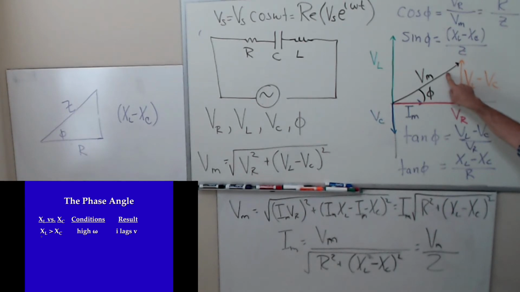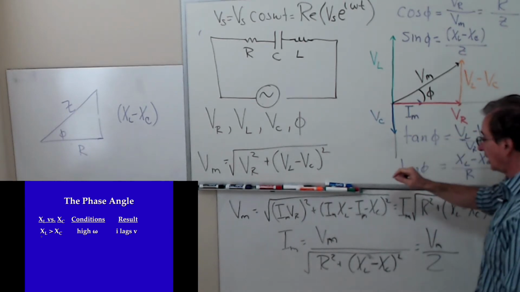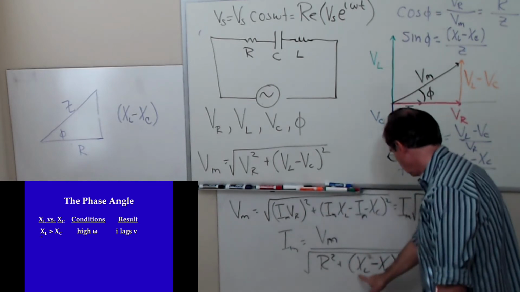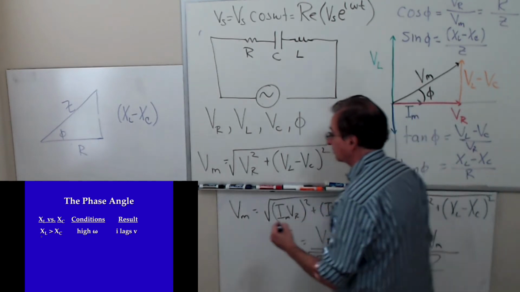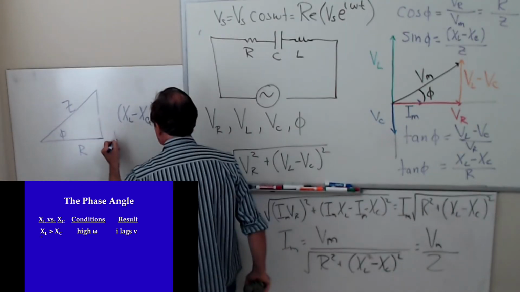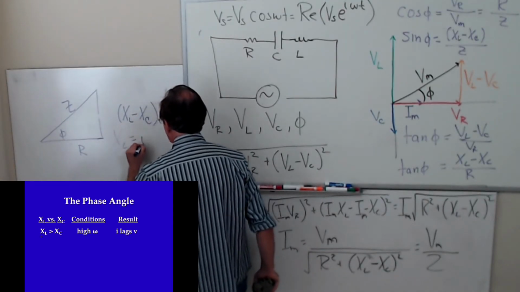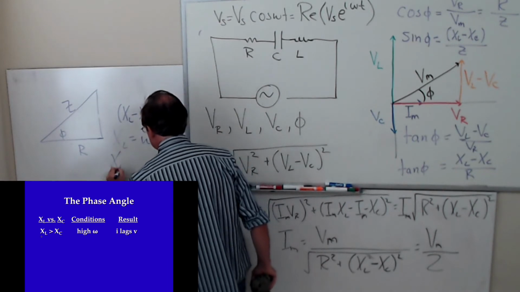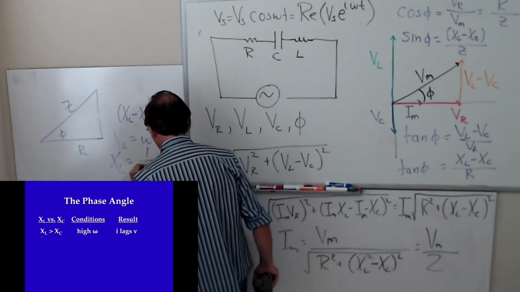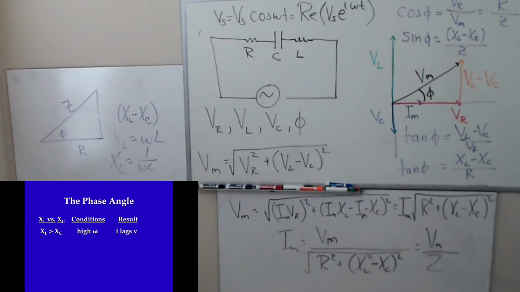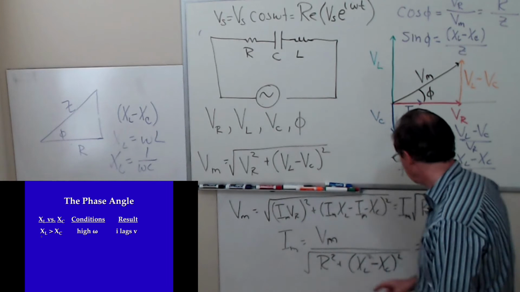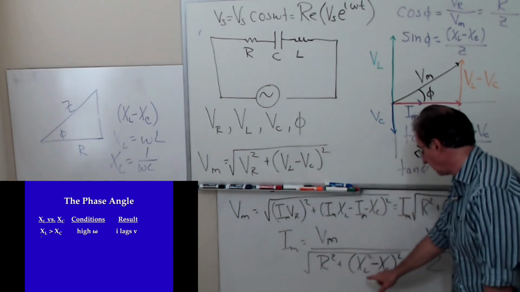That happens when the frequency is high, because this term is huge and this term is small. Remember, X sub L is omega times L, and X sub C is 1 over omega C. So when omega is big, this term is bigger than this.